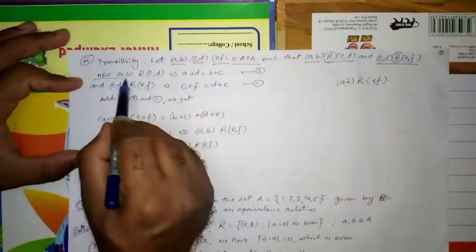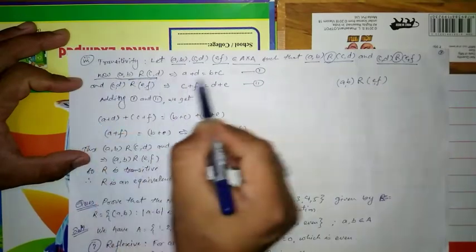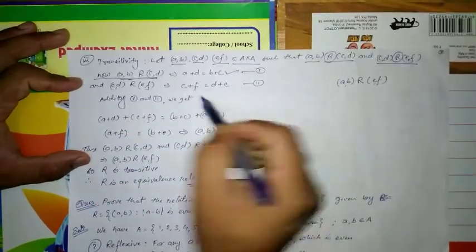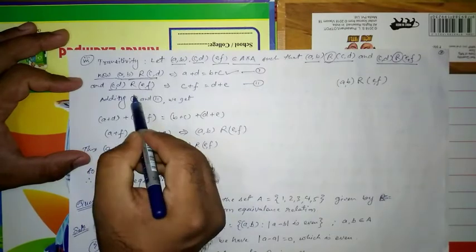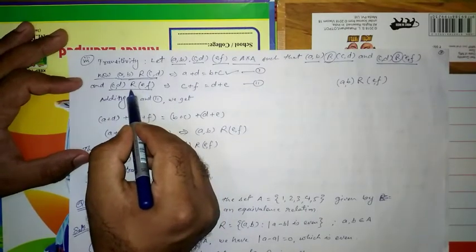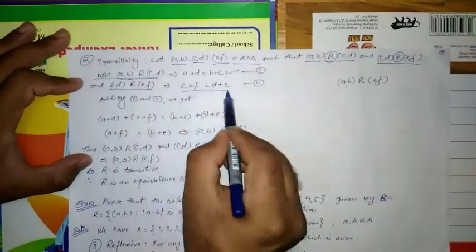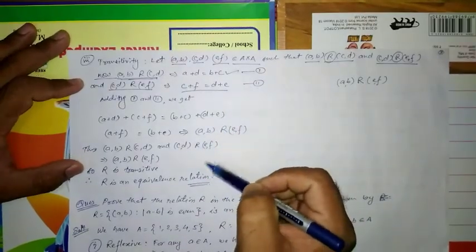So according to the question, we can write AB related to CD as equation 1, and CD related to EF by relation R as equation number 2.